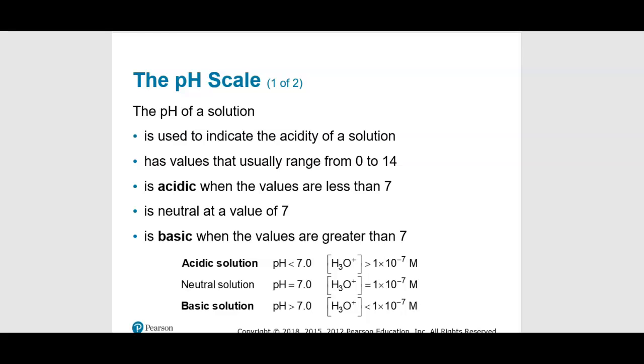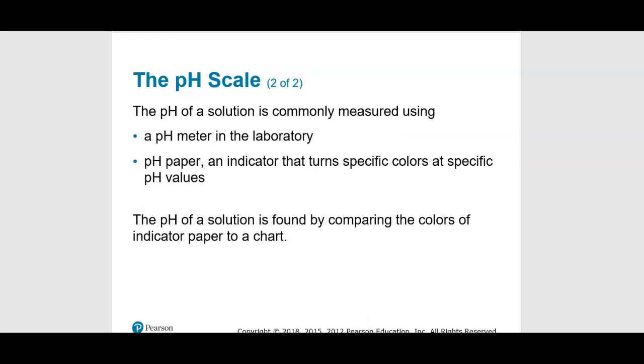The 7 there is also the negative of the power of 10 in the scientific notation. That's not a coincidence. We'll get to it, they're going to define that sooner or later.